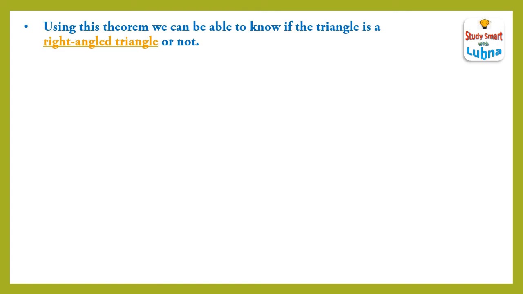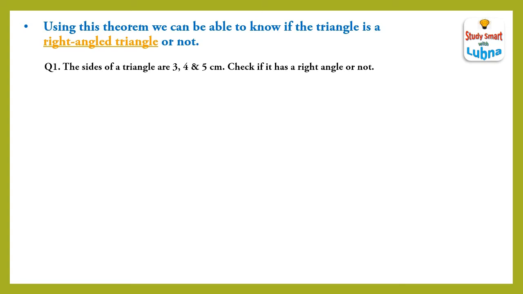Now we are going to discuss the application of Pythagoras theorem. Using Pythagoras theorem, we can know if the triangle is a right angle triangle or not. For example, if the sides of a triangle are 3, 4 and 5 centimeters, check if it has a right angle or not.